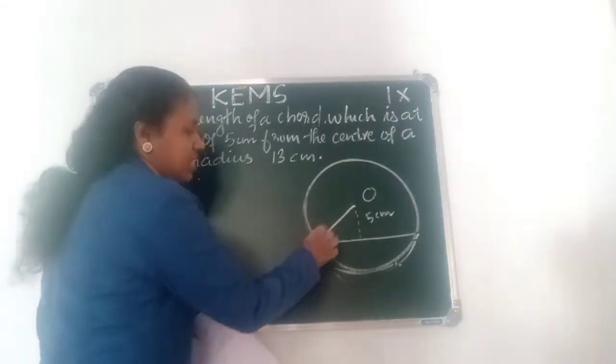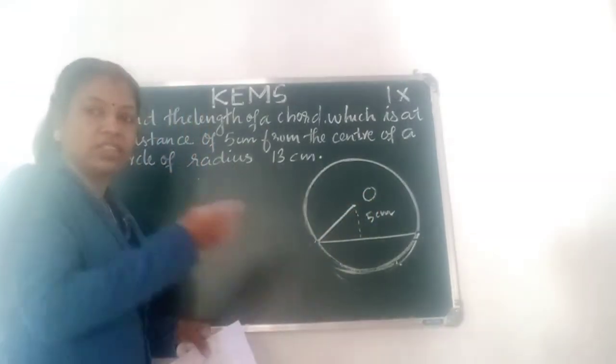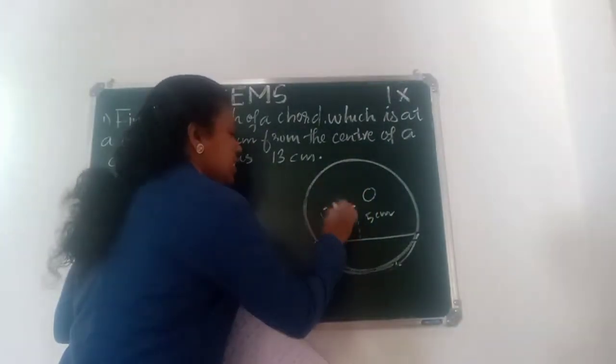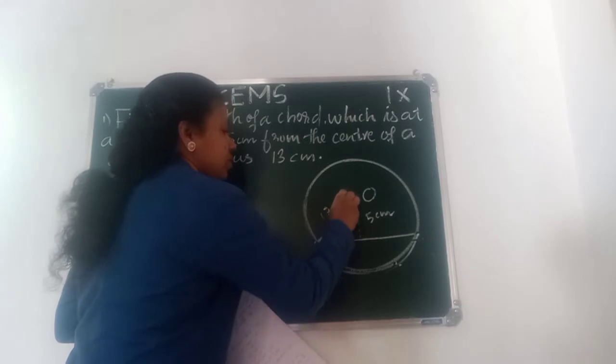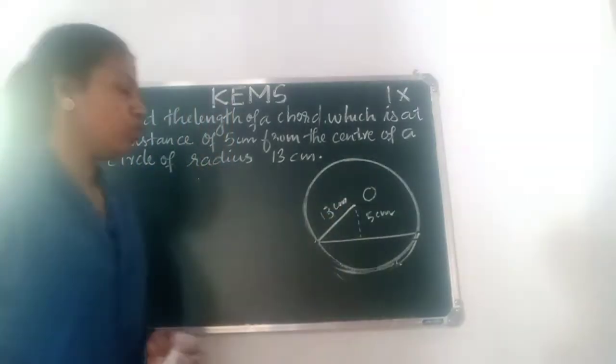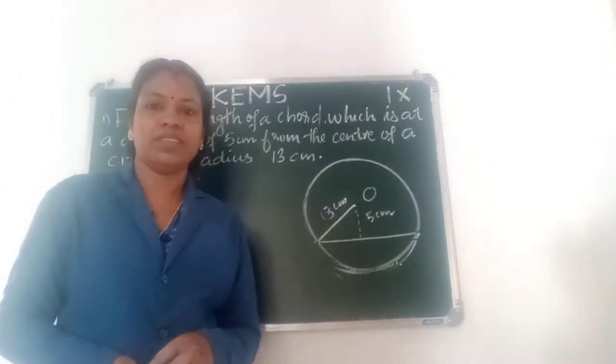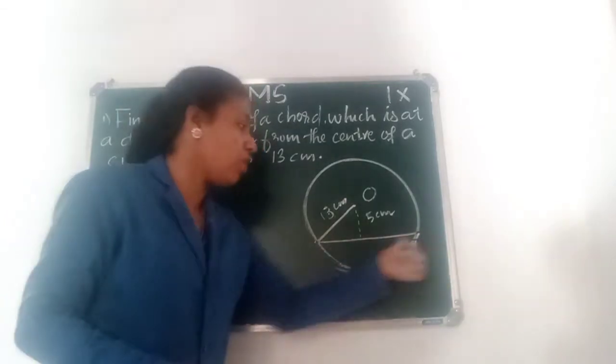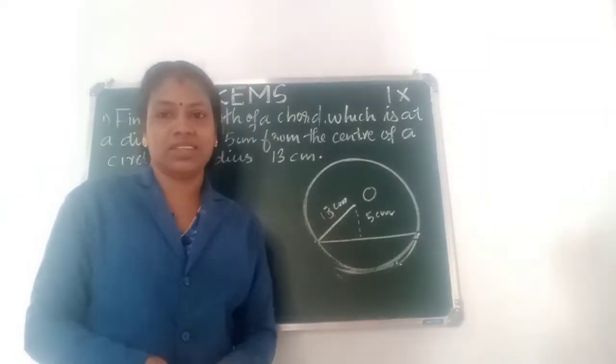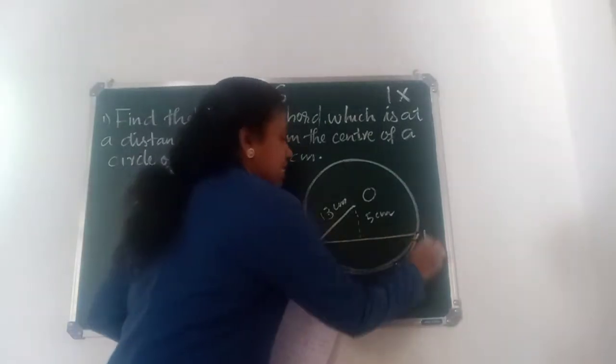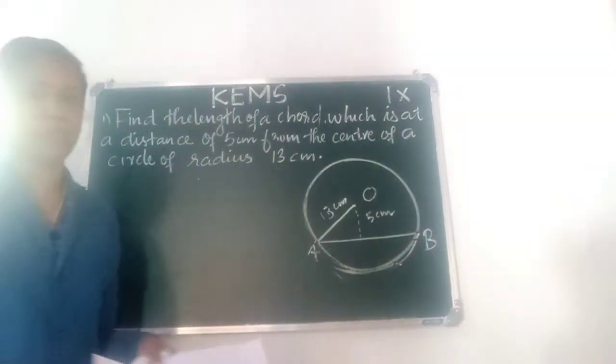What is the radius? This is the radius from the center to any point, so this is 13 cm. What we need to find is the length of the chord. Let's name it AB.